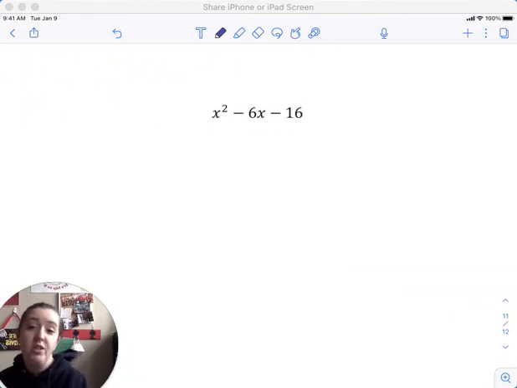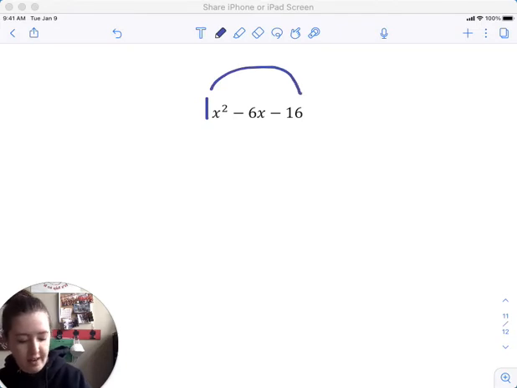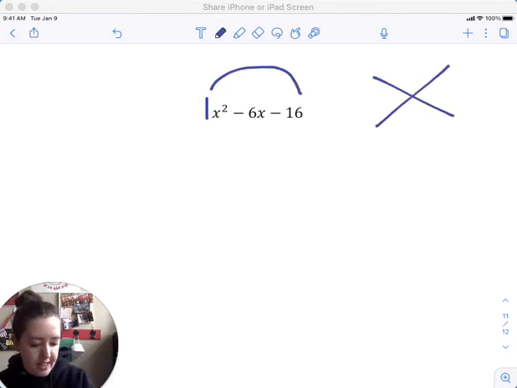Okay, do we have a greatest common factor with x squared, negative 6x, and 16? No, we don't have a greatest common factor among those three numbers. So we have a quadratic trinomial here because I have three terms. So I know I have a 1 in front of that x squared. We'll multiply our ends. 1 times negative 16 is negative 16.